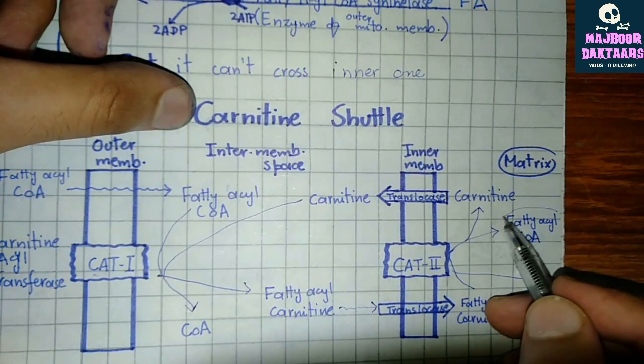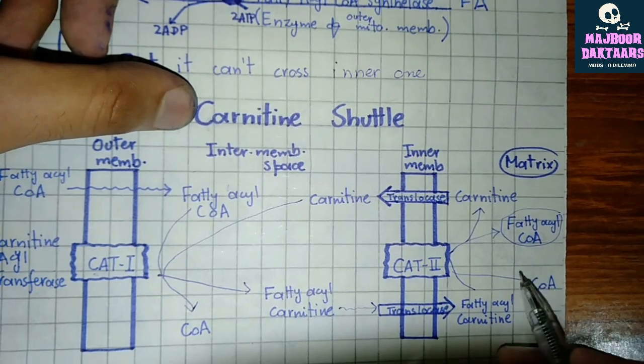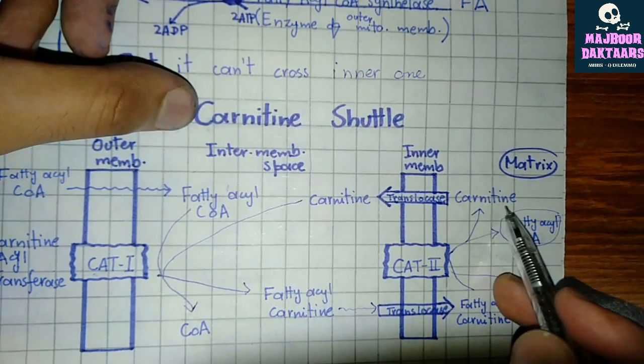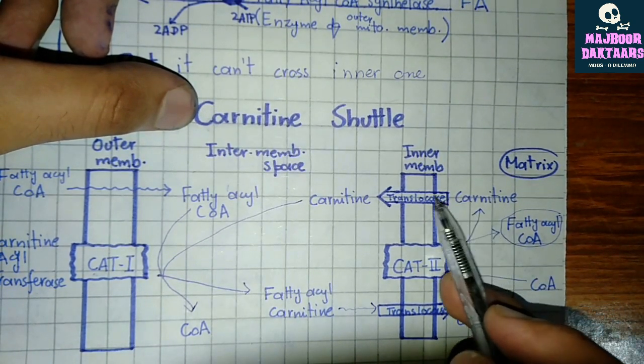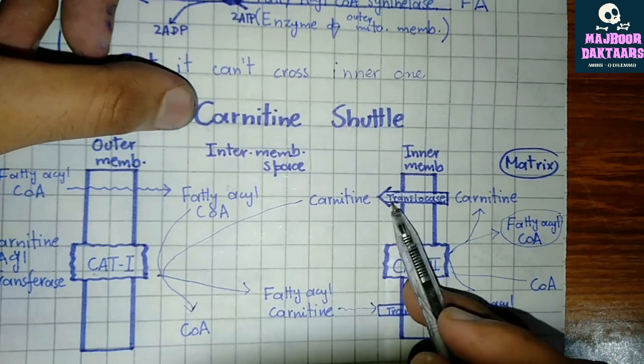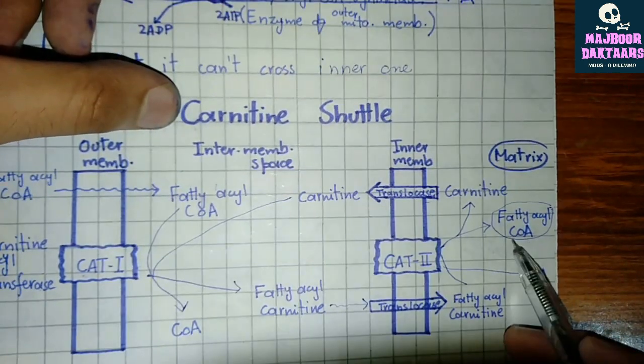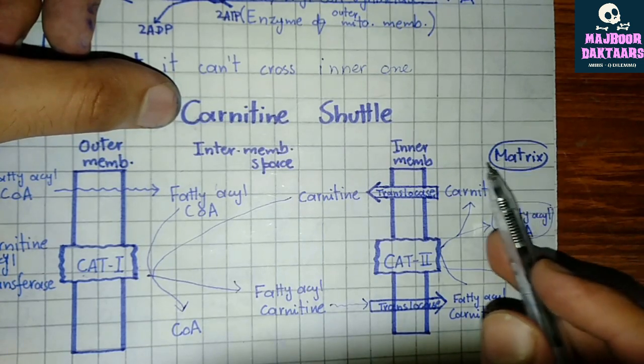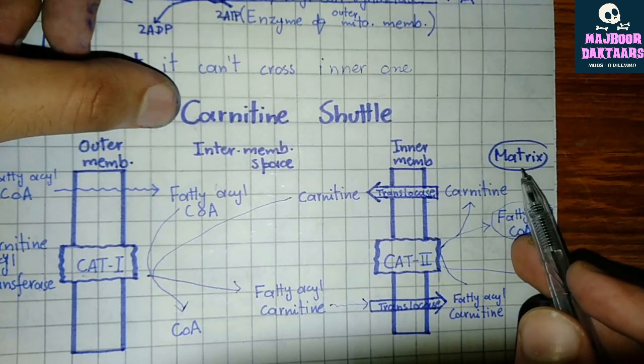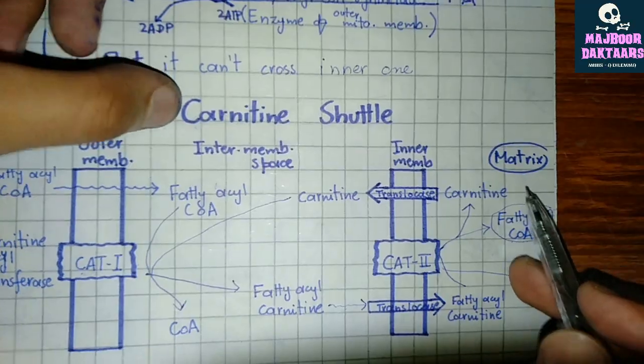So we get the initial fatty acyl CoA, while the carnitine produced in the matrix is transported out of the inner membrane via a translocase and used again. So this is the carnitine shuttle, and now the fatty acyl CoA is inside the matrix of the mitochondria where beta oxidation occurs. Moving towards beta oxidation.